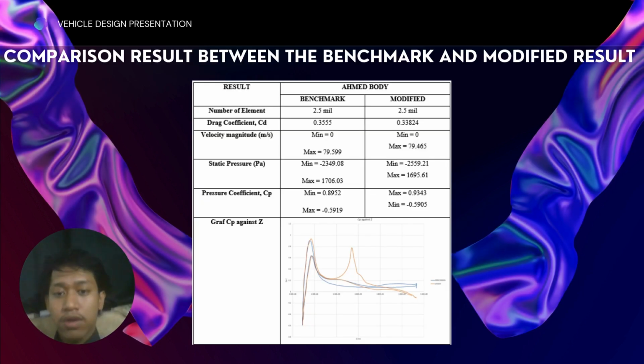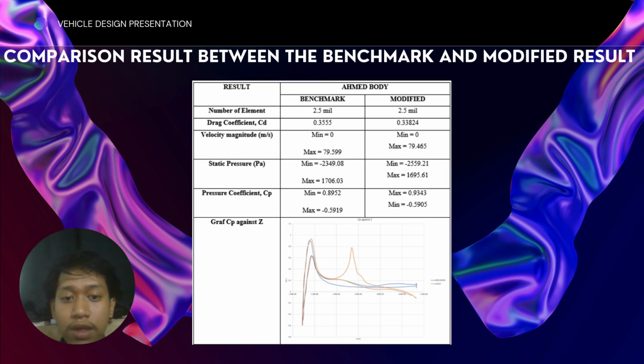Then we go to the comparison result. As we can see, both the benchmark and the modified have the same number of elements, which is 2.5 million, but they have different drag coefficients.